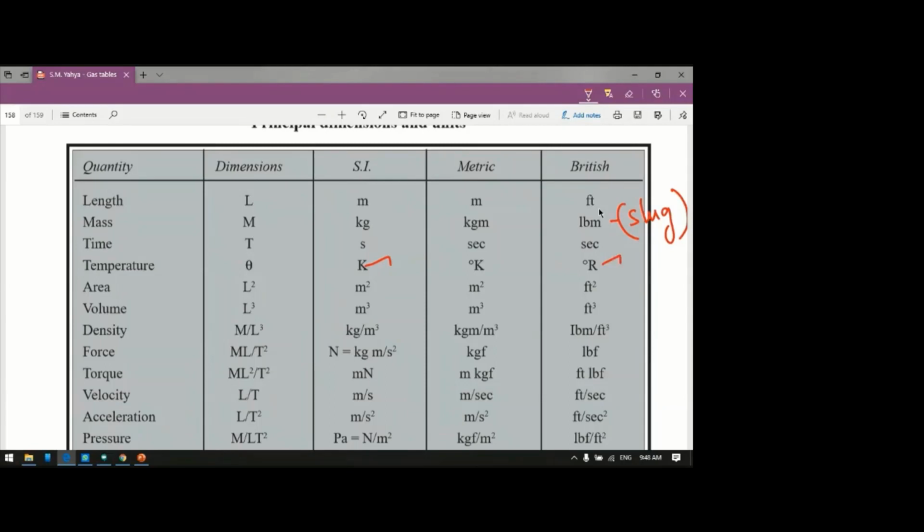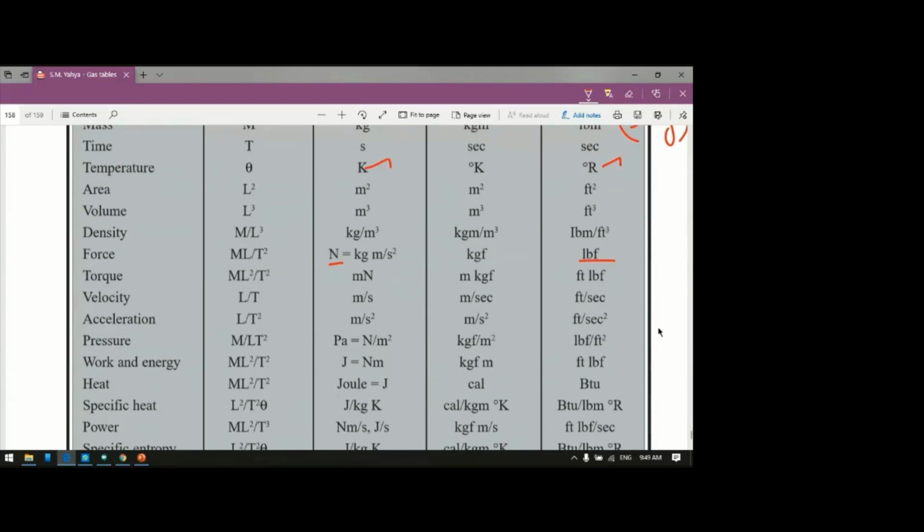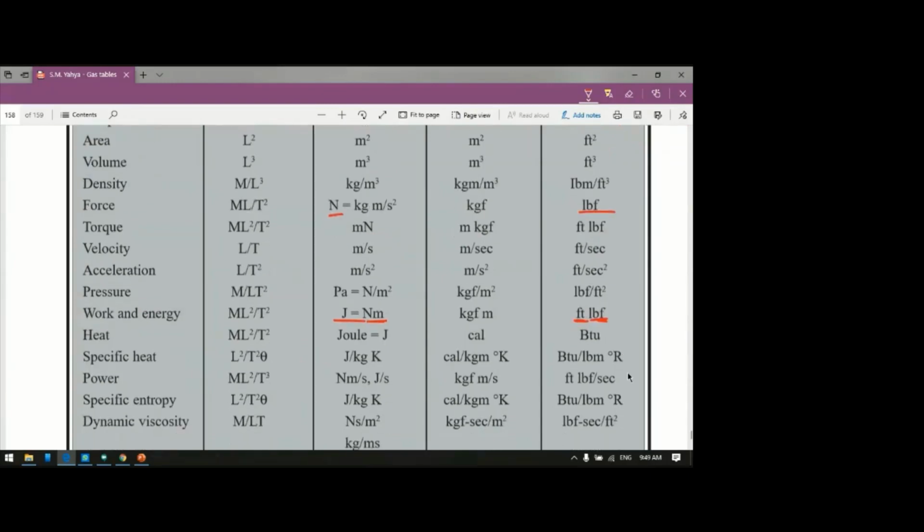And instead of Newton, they are using LBF, pound force. Like that, they are using different terms. Instead of Newton meter, it is LBF feet. Otherwise, instead of joule, they will use BTU, British thermal unit. Like that, the units will vary.